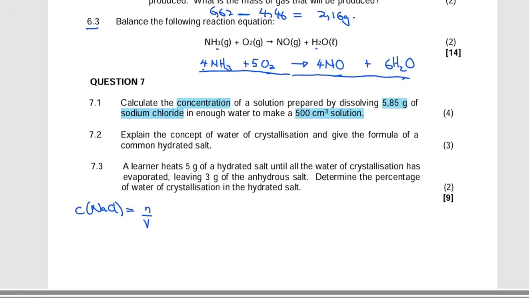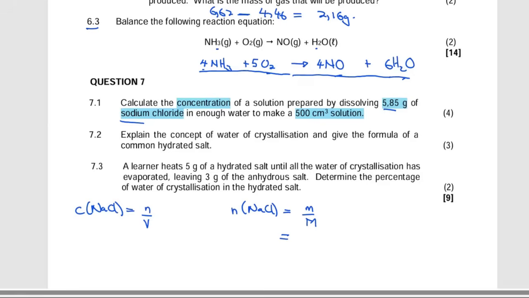But looking at this now, do we have the number of moles? We don't. But what are we given? We're given the information about sodium chloride. So I'm going to use the number of moles of sodium chloride, and I'll start with this formula. Number of moles of sodium chloride is equivalent to m over M. Please make use of your data sheet.